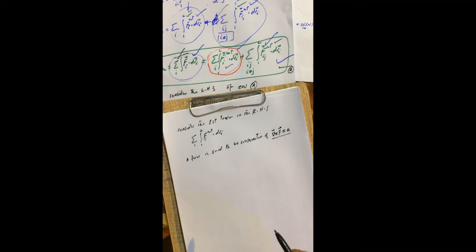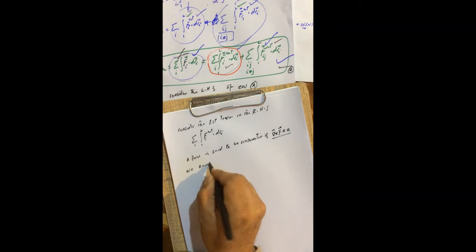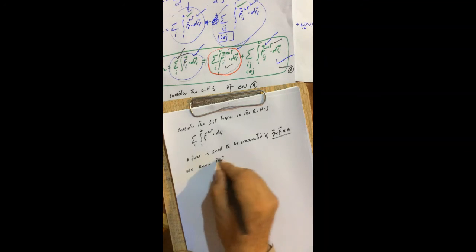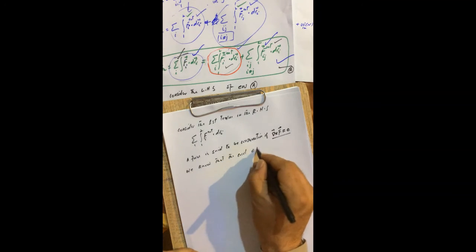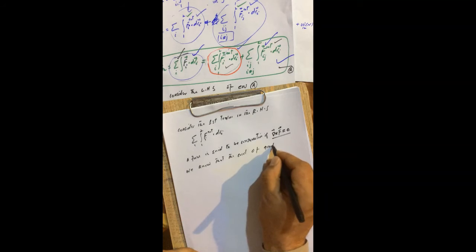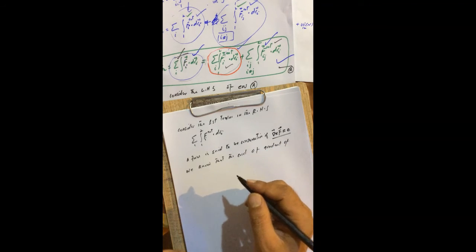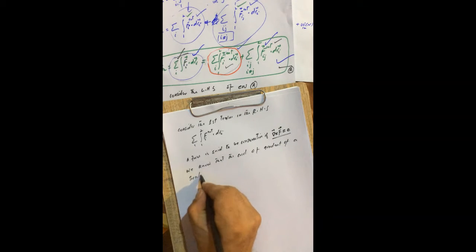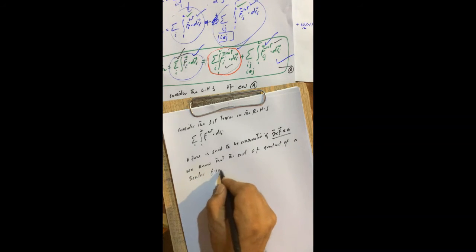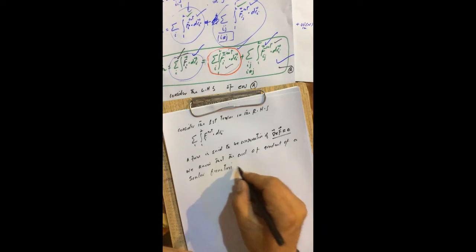And we also know that the curl of the gradient of a scalar function is always 0.